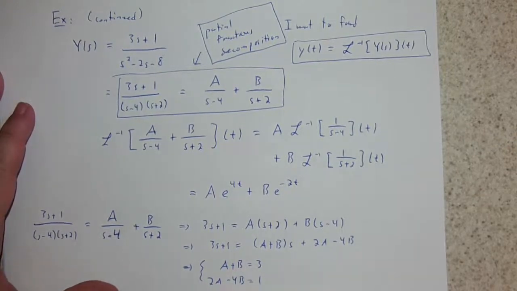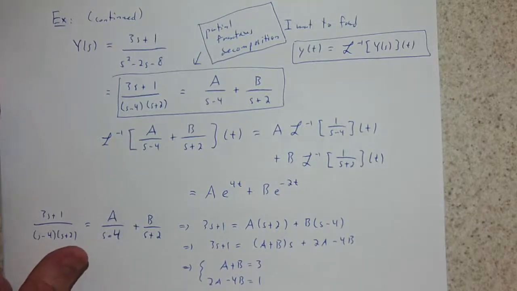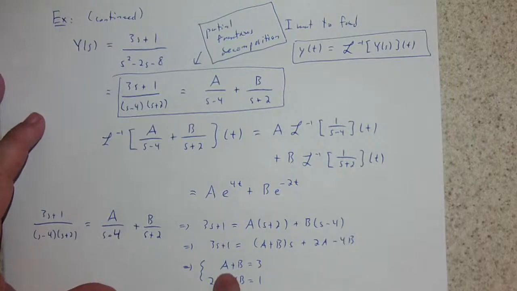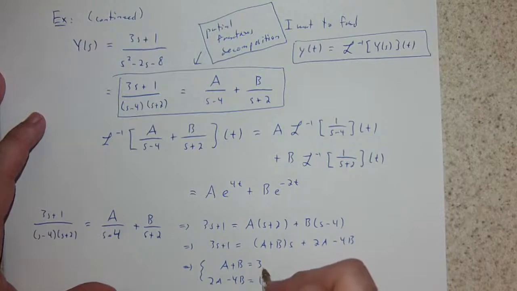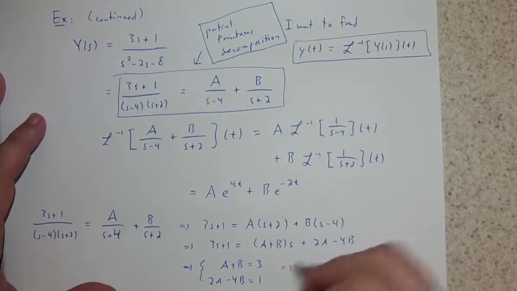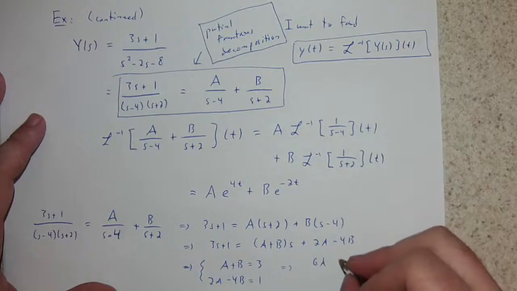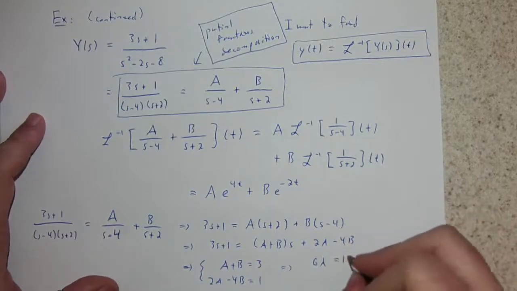So what's a way of doing this nicely? Let's multiply both of these by 4 and add them. If I multiply a plus b equals 3 by 4, I get 4a plus 4b is equal to 12. I add those together and I get 6a, plus 4b minus 4b is 0, so 6a is equal to 12 plus 1, which is 13.